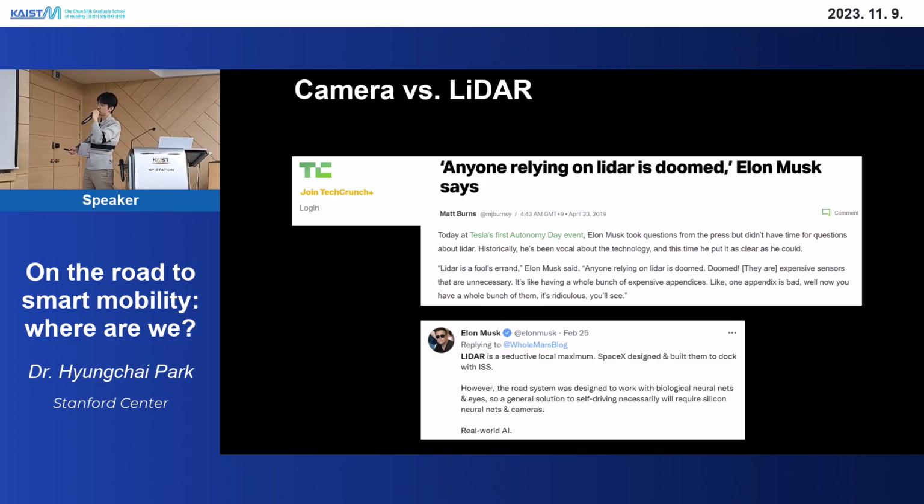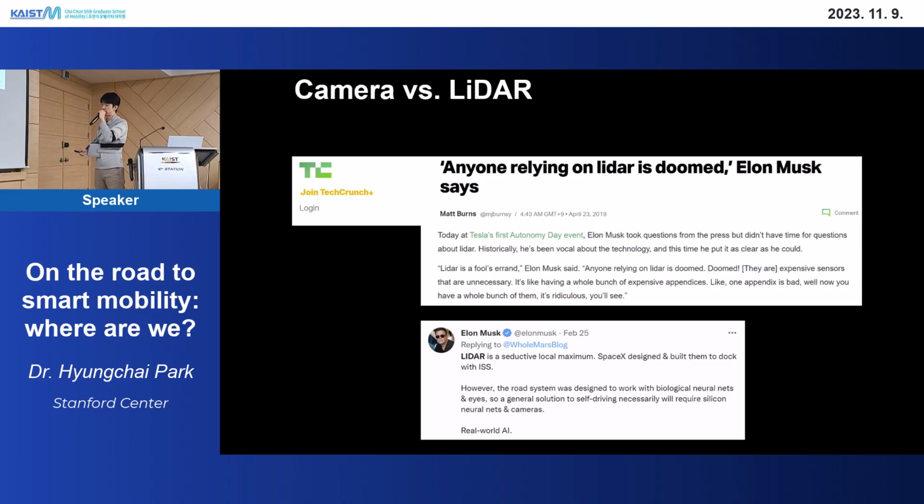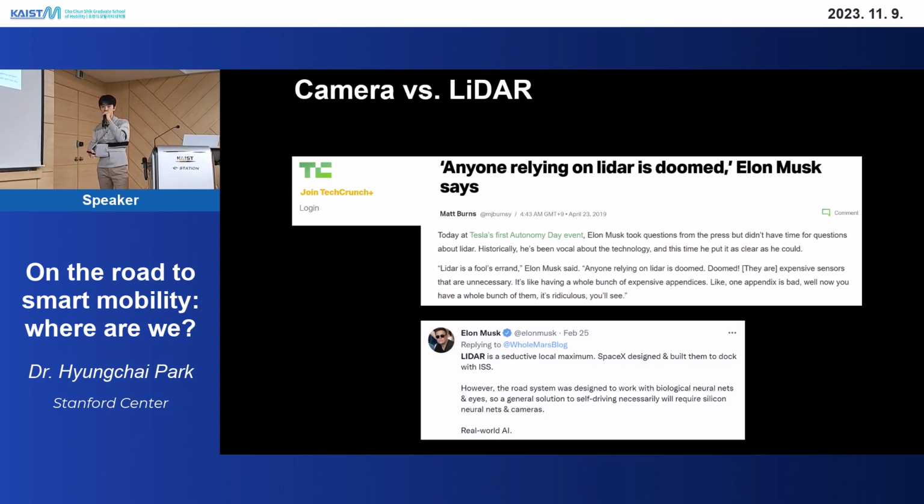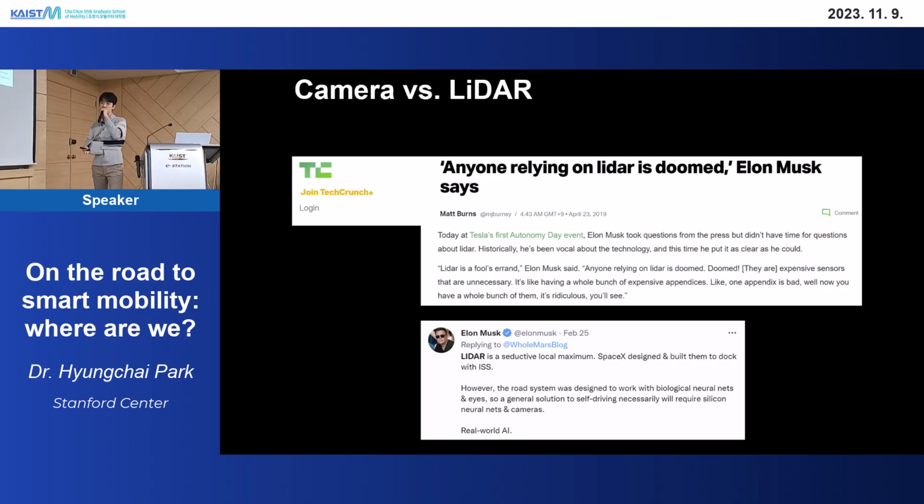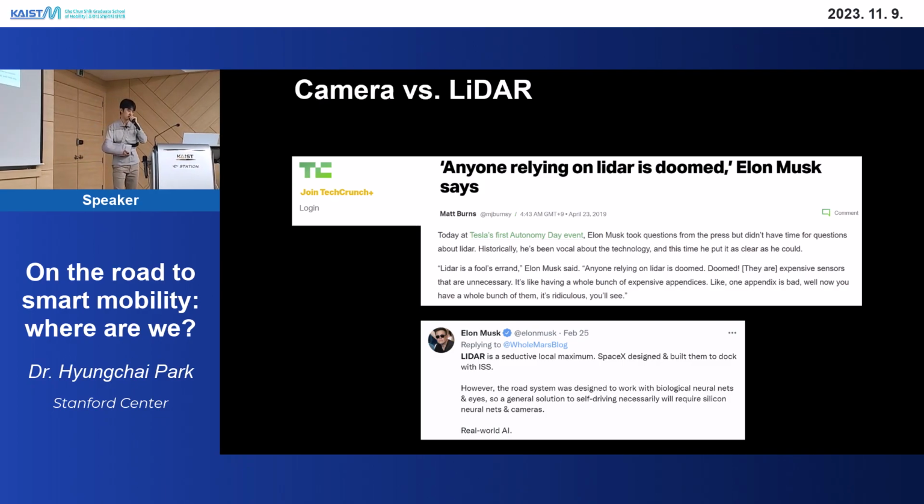So a general solution to self-driving will necessarily require silicon neural nets, a GPU-based computing platform, and cameras. He insists that because humans can drive, autonomous driving cars with a similar system should also be able to.